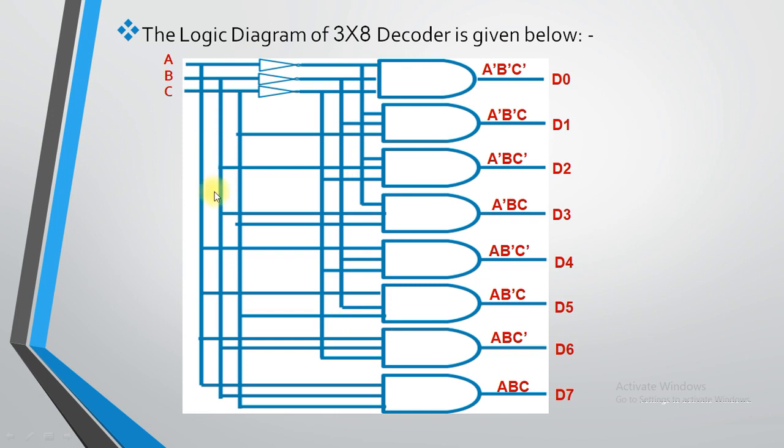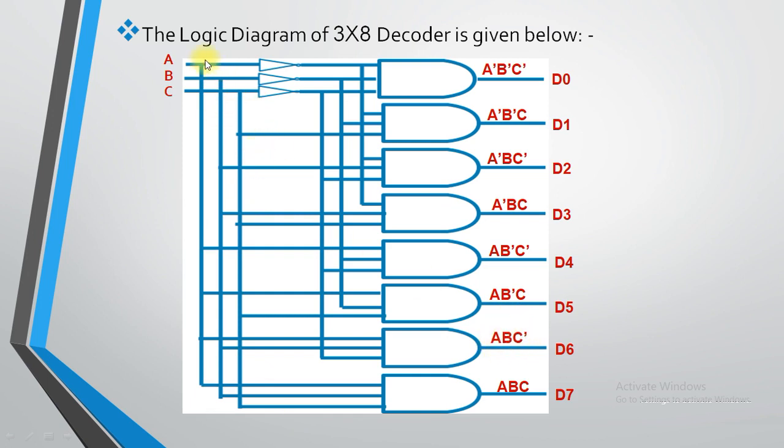Don't get confused by looking at the cables. It is very easy to draw the cables. Over here ABC. So what you need to do, you need to directly take a cable from A, then B and then C. Similarly for this particular case A, B, C dash.